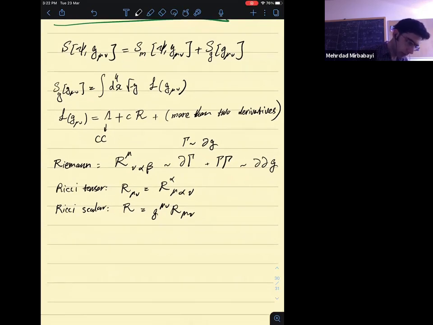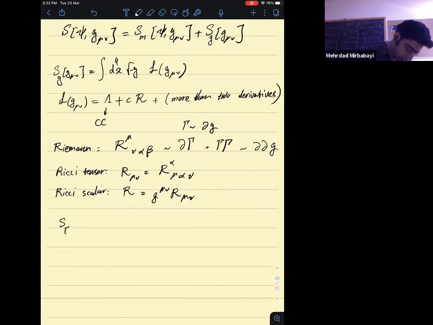Now this action, if I only write this term, is called the Einstein-Hilbert action. For that coefficient C, I make a particular choice, made to match, for instance, the Newtonian limit. If I choose C to be 1/16 pi G, then this will be the Einstein-Hilbert action.